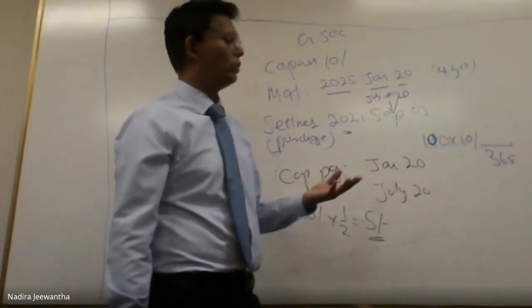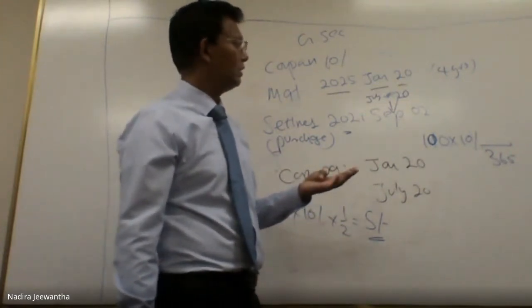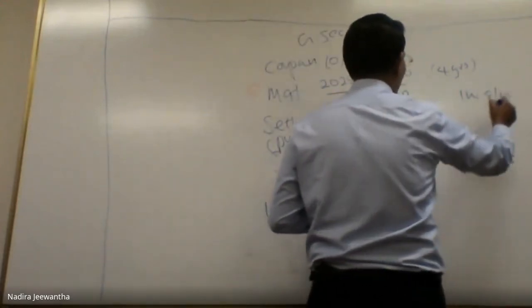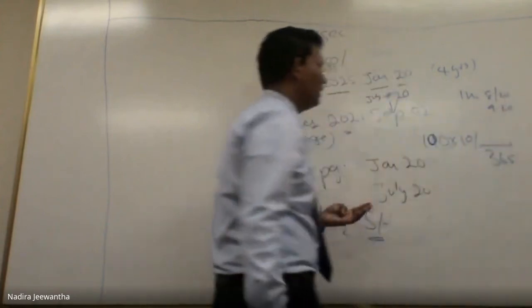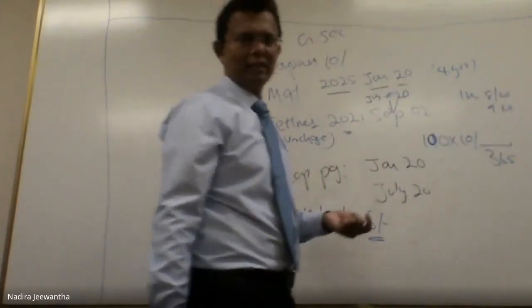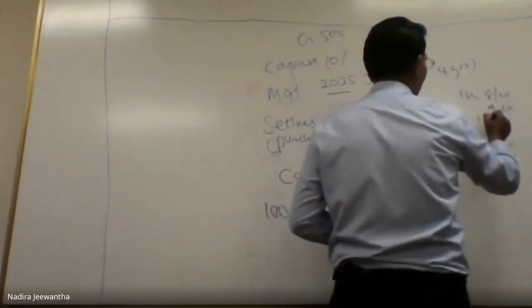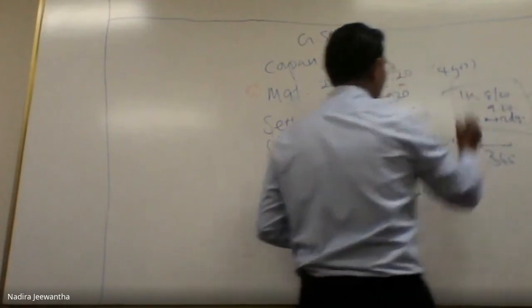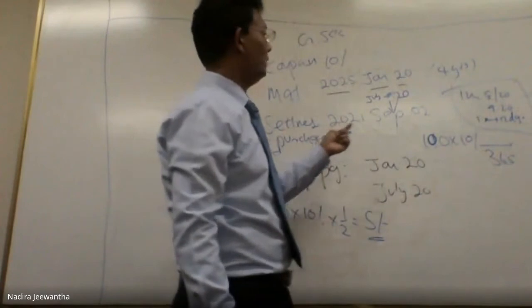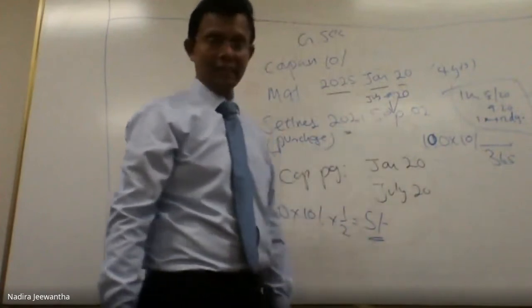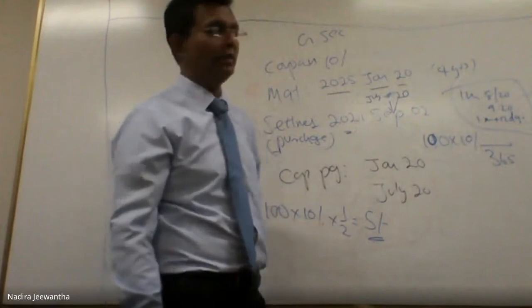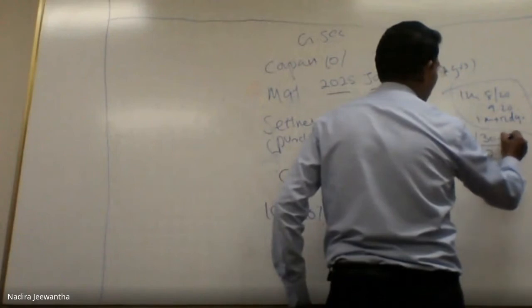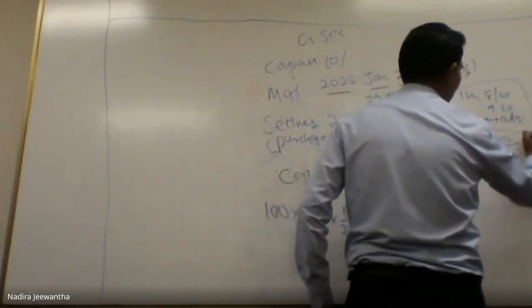So that is 1 month and 12 days. You have 30, exact number of days you should calculate, right? 30 plus 12 days. So basically 42.